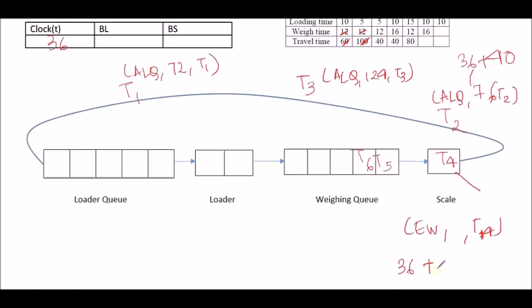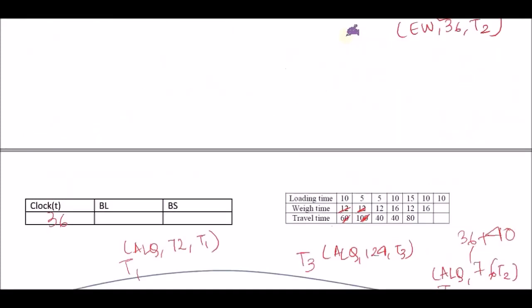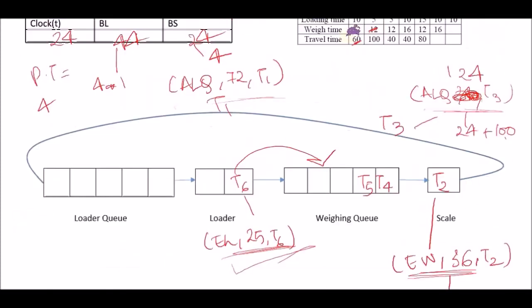Okay, so the thing that we're going to choose over here is, so this is new again. This is going to be T4, and it's going to end weighing for truck T4 at time instance 36 plus. So let's look at the distribution. 12 is gone, 12 is gone, and in the previous thing we had used 12, and I think I made a mistake again.